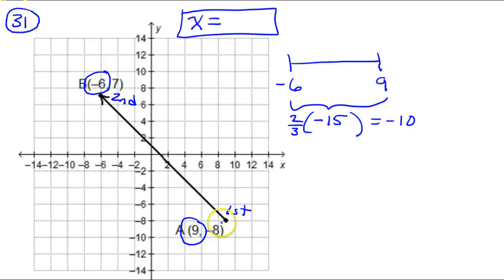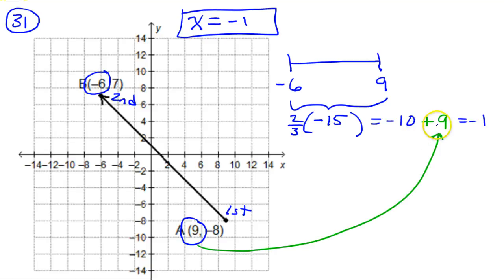So I'm going to go -10 plus 9. And that's going to give me the final answer here. So -10 plus 9 is going to be -1. So that's my x value. And one more time, just to be clear, this 9 came from the first x value.